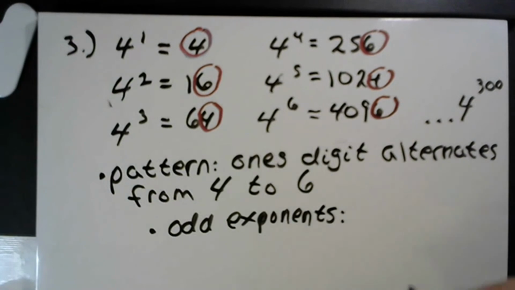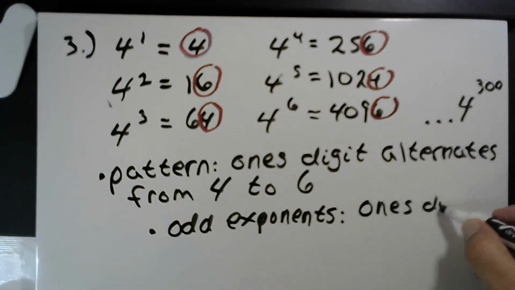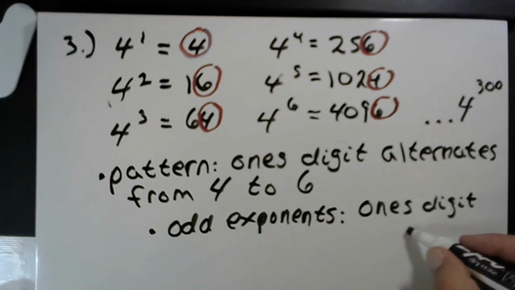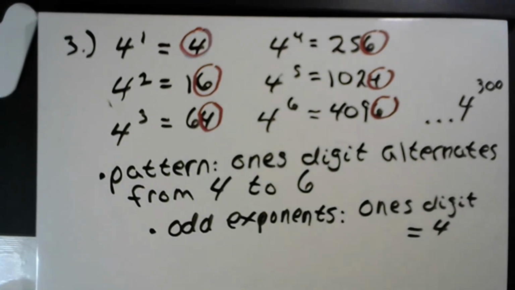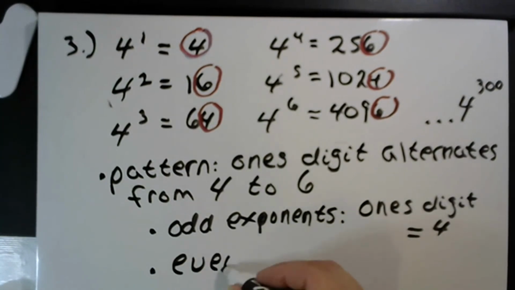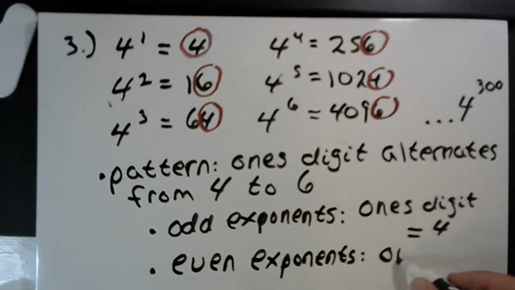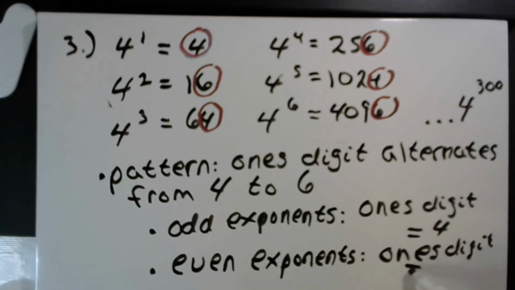Looking at the odd exponents, the ones digit is equal to 4. And for the even exponents, the ones digit is equal to 6.